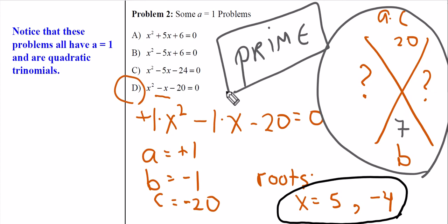I'm not going to have weird fractions, square roots, decimals. I'm actually going to get a solid, nice couple of answers. And so what happens with this is, if this AC setup doesn't work out, then at this point in the game we say that the quadratic trinomial is prime.